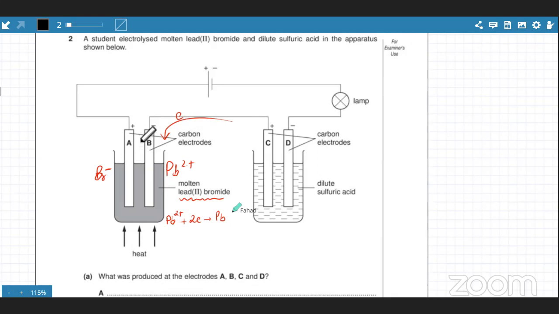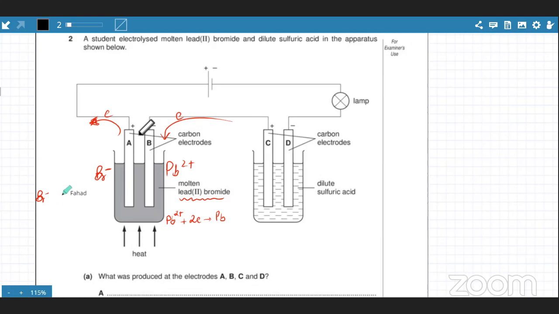On the other side, on the positive anode side, Br− ends up losing electrons. The battery removes electrons. The positive terminal of the battery attracts those electrons, and those electrons are lost. The equation on this side is Br− losing electrons, but bromine is a diatomic molecule.